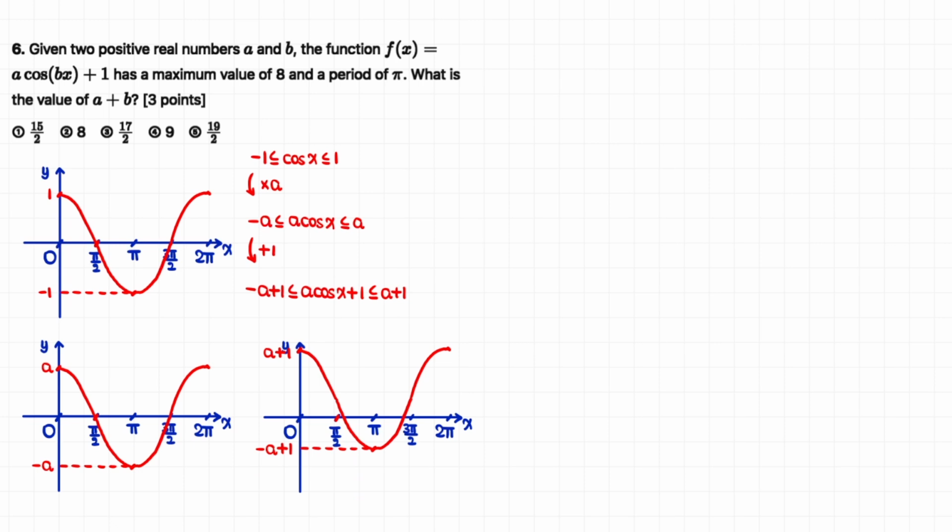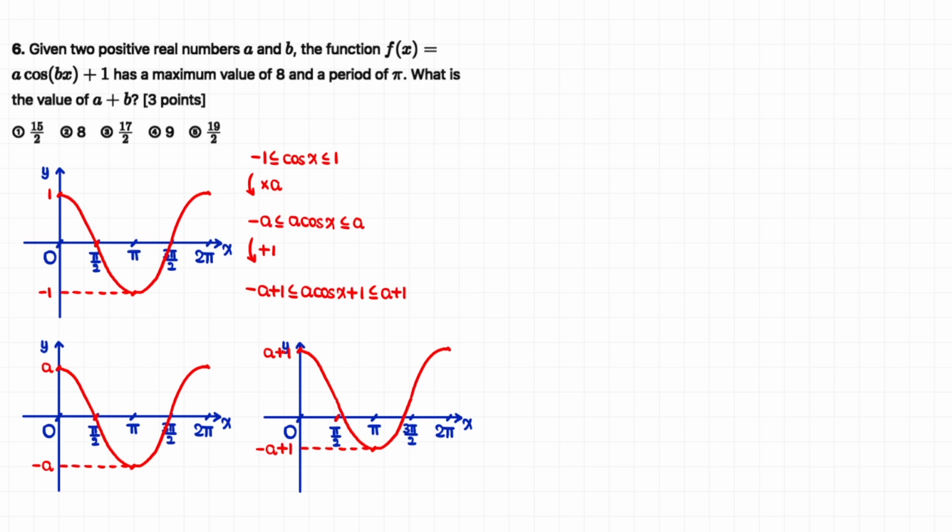Now here's the final part. In the cosine function, we don't just have x anymore. We have b times x inside. So what happens when you replace x with b times x in a function? Well, this is one of the basic transformation rules. When you multiply x by b, the graph gets compressed horizontally by a factor of b. So what changes is the period. The shape stays the same, but it gets squeezed horizontally.